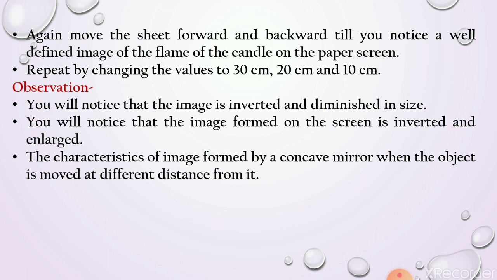And these are the characteristics of images formed by a concave mirror when the object is placed at different distances from it. So you can see these types of images formed when the object is kept at different distances from the mirror.